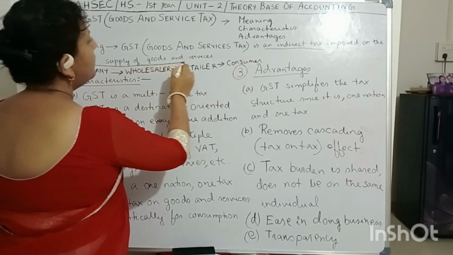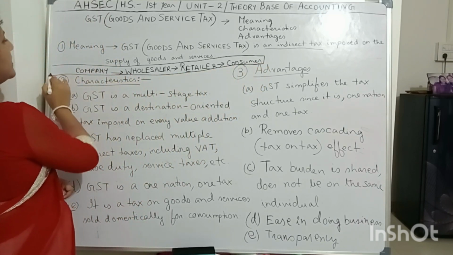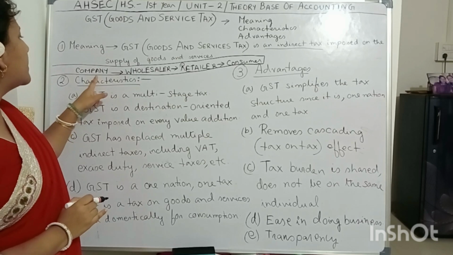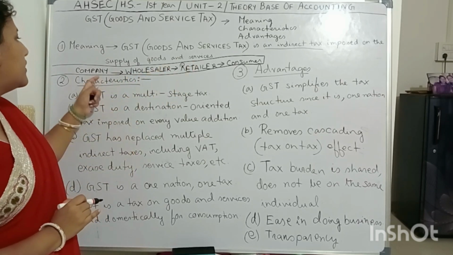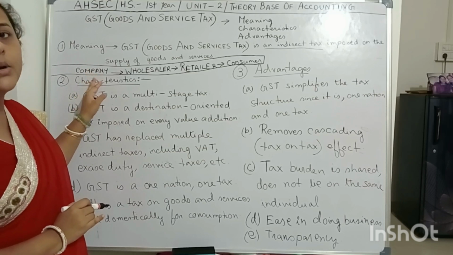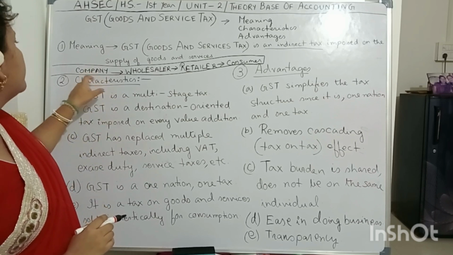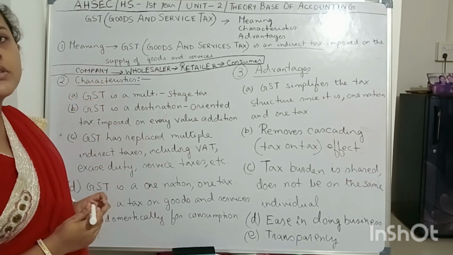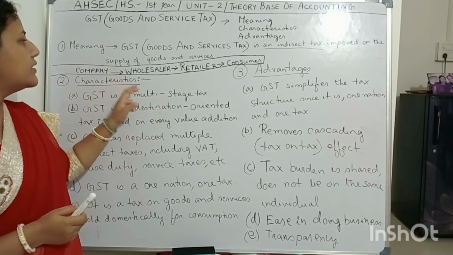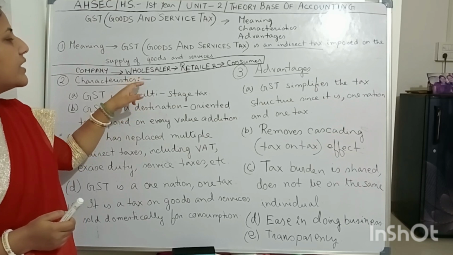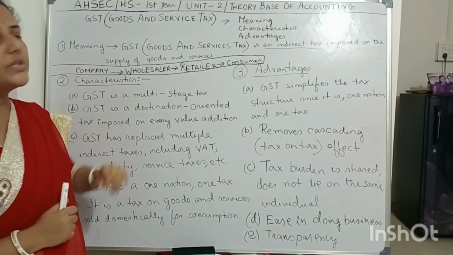So everyone has to pay GST, that is indirect tax, starting from wholesaler, then retailer and then consumer. And the company is going to pay the whole amount of GST to the government. That is why it is called a multi-stage tax, because it is paid by wholesalers, retailers and consumers.